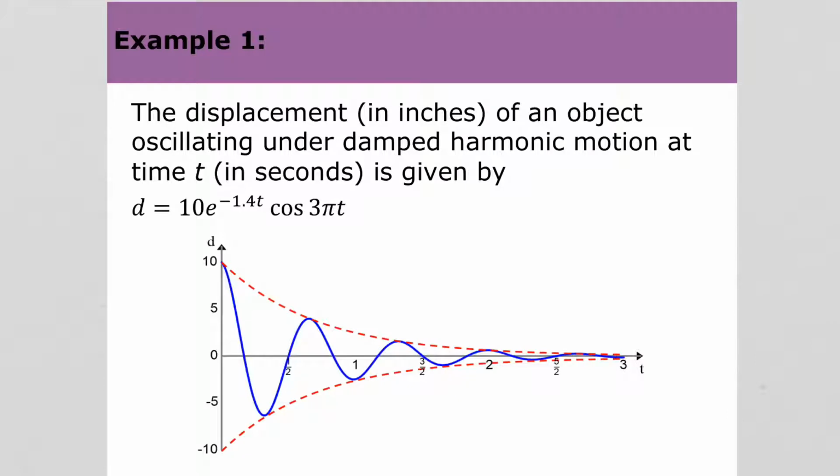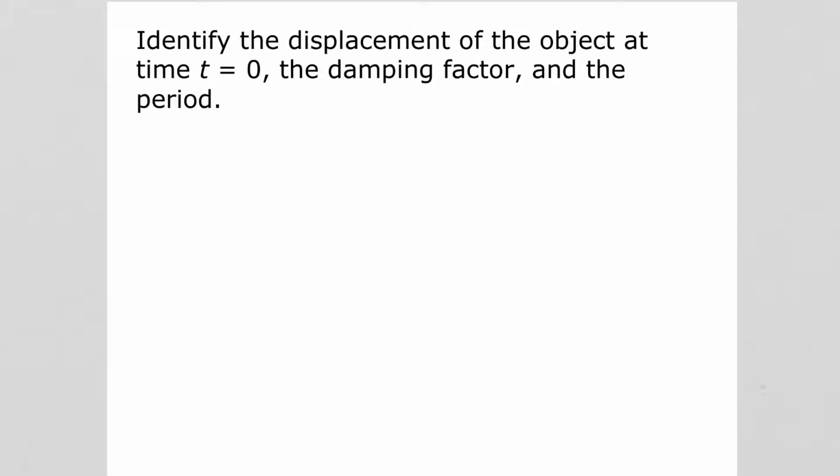Example 1 says the displacement in inches of an object oscillating under damped harmonic motion at time t is given by d equals 10 times e, that's our number e, to the negative 1.4t times cosine of 3 pi t. It asks us to identify the displacement, the damping factor, and the period.